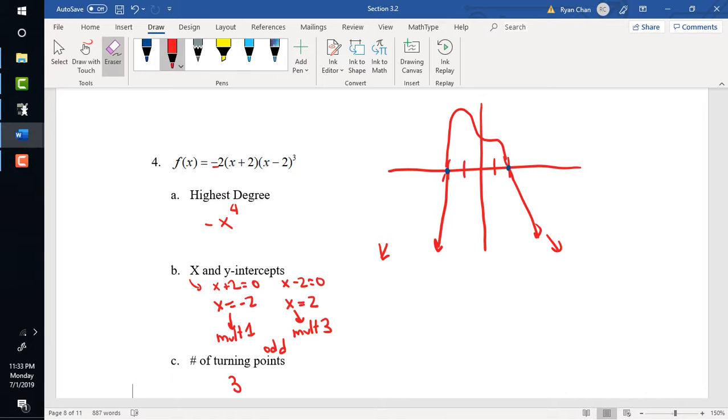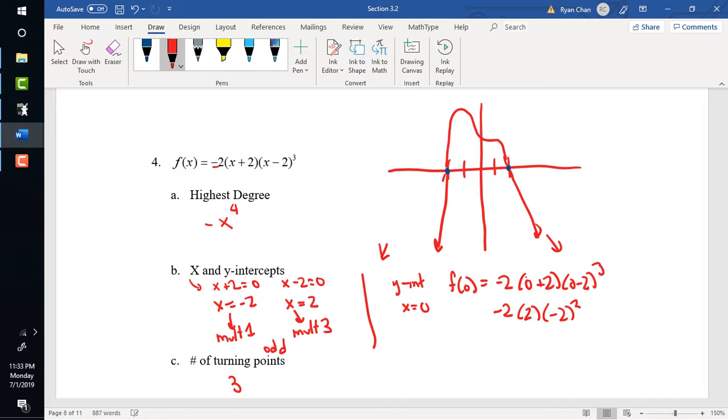Oh, sorry. I also want to figure out my y-intercept. That may change everything. So the y-intercept is when x is equal to 0. So f of 0 is -2 times (0 plus 2) times (0 minus 2) cubed.